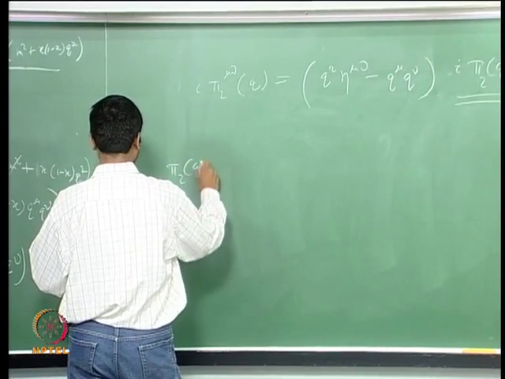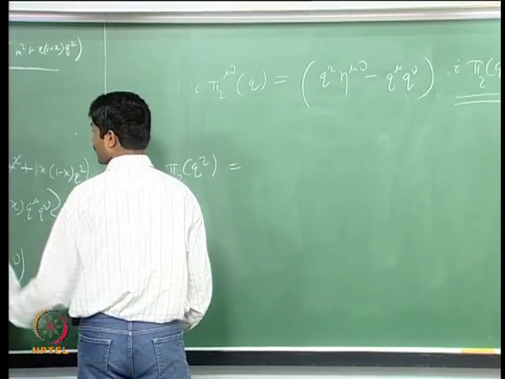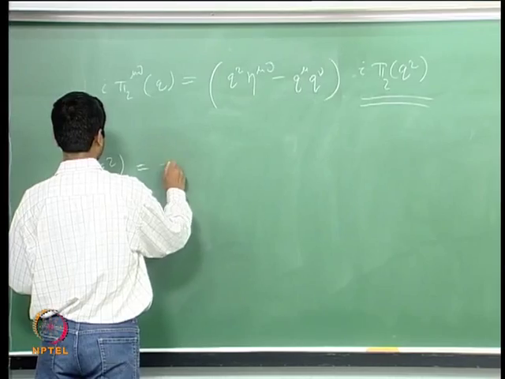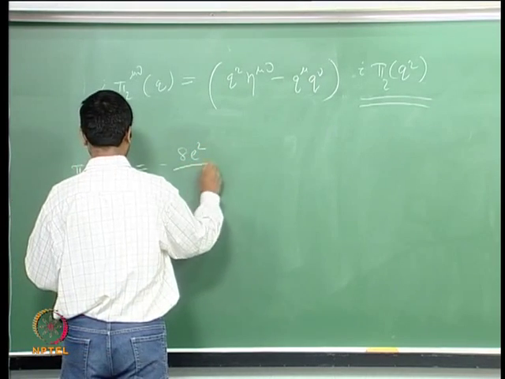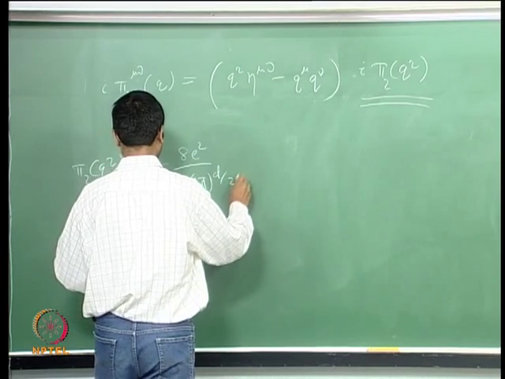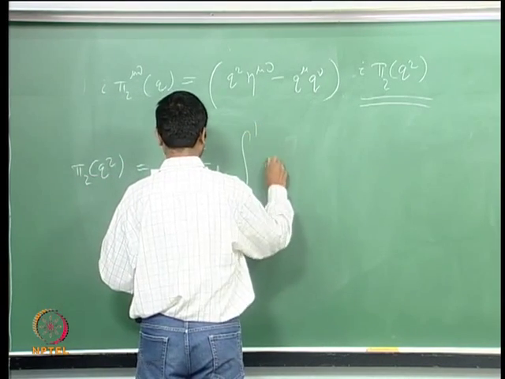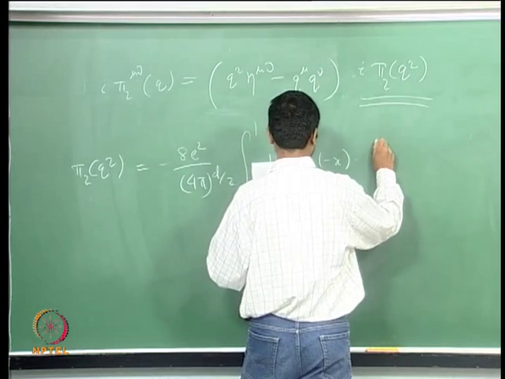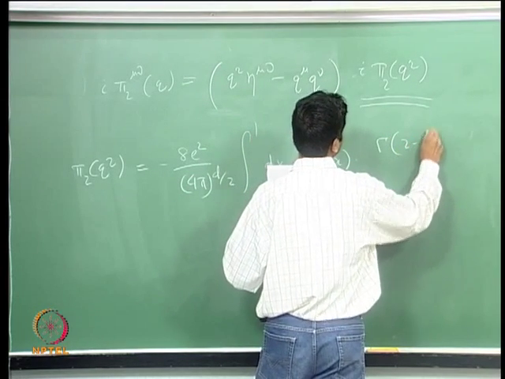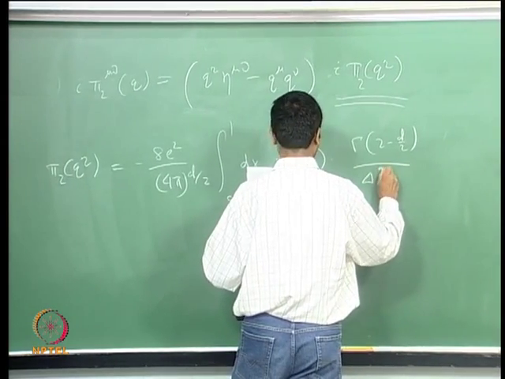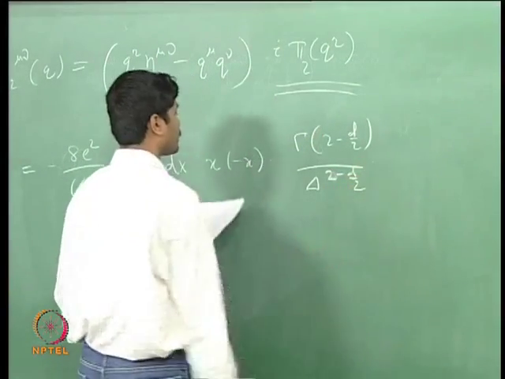q square is. Pi 2 of q square, when I take all the factors into account, is simply given by minus 8 e square divided by 4 pi to the power d by 2 0 to 1 dx x into 1 minus x times gamma 2 minus d by 2 divided by delta to the power 2 minus d by 2.